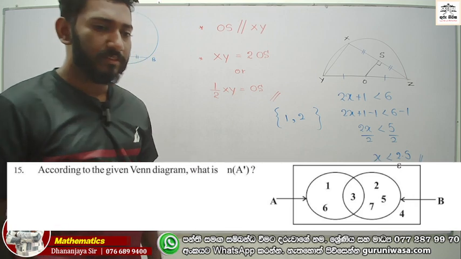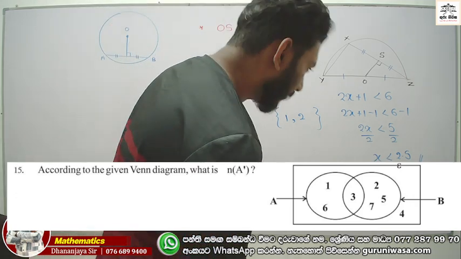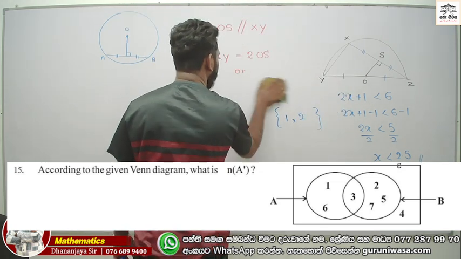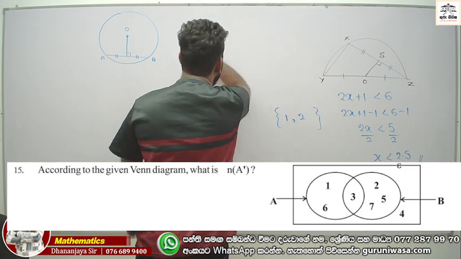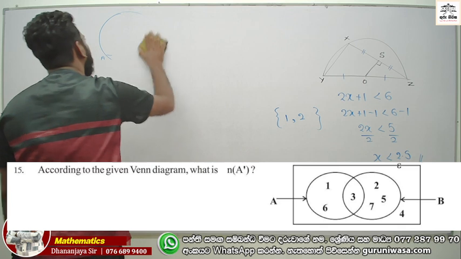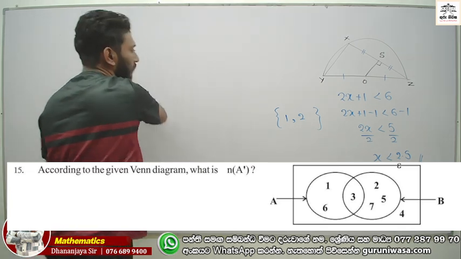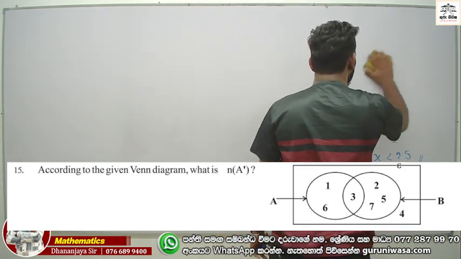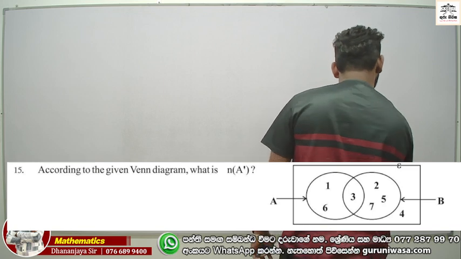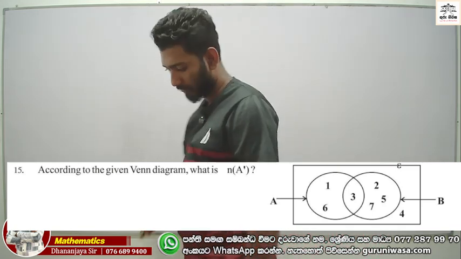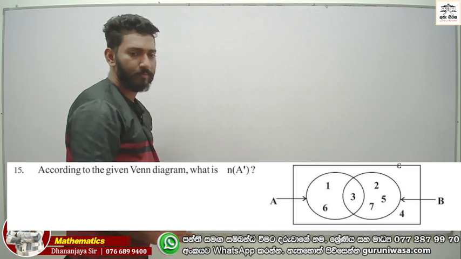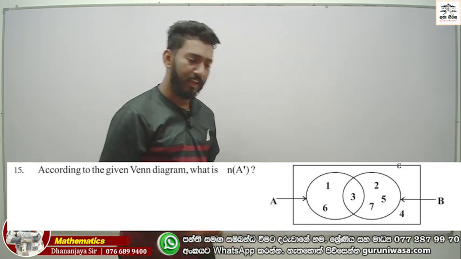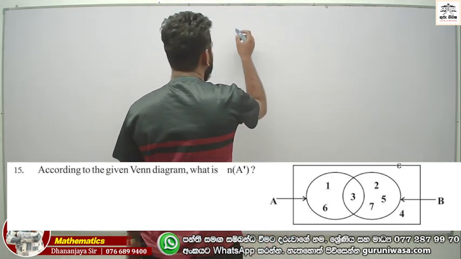Right. 15th one. That's a very easy question. According to the given Venn diagram, what is n(A')? n(A) complement.